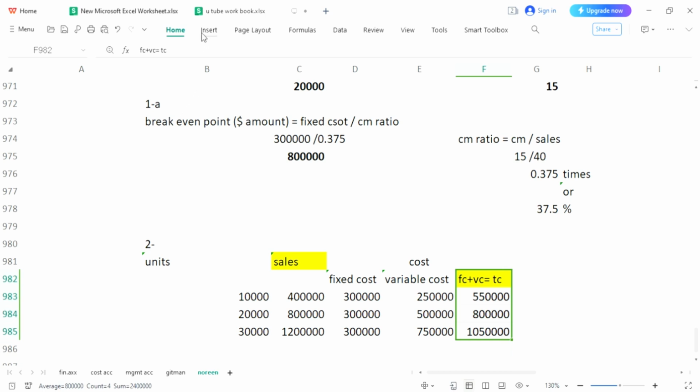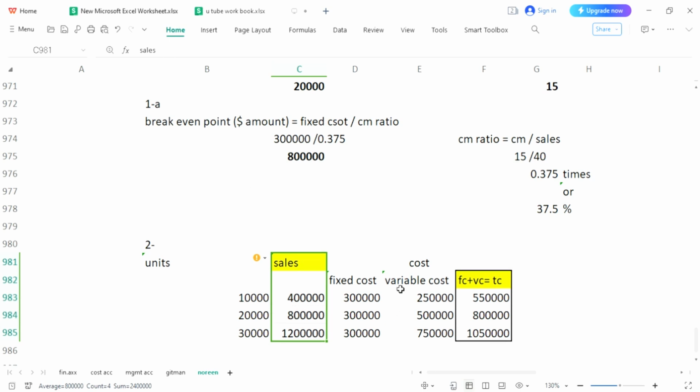To make the graph, we are related with cost and we are related with sale price. So we have marked these two things which will be used in your graph.